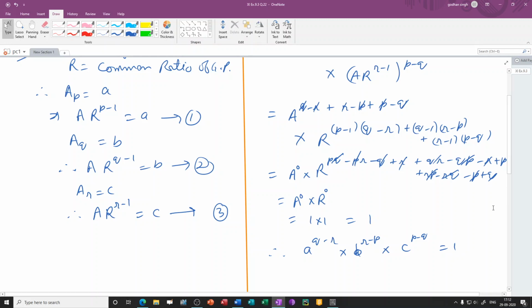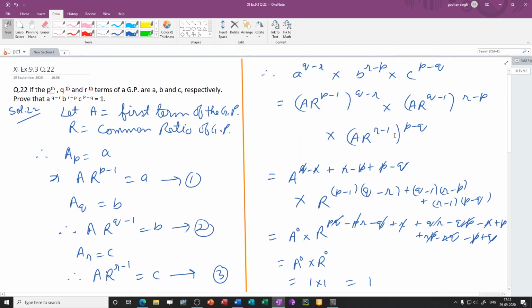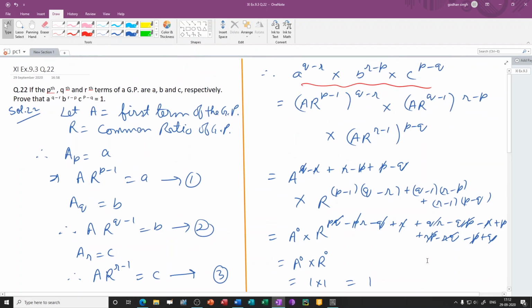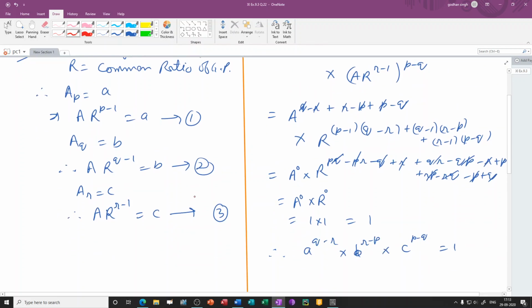Let us see here. Here also we may have written the same thing here in the beginning. You can see it here. I'll just mark it. This is a raised to q minus r into b raised to r minus p into c raised to p minus q. So that is what we have written here, and this is equal to 1.